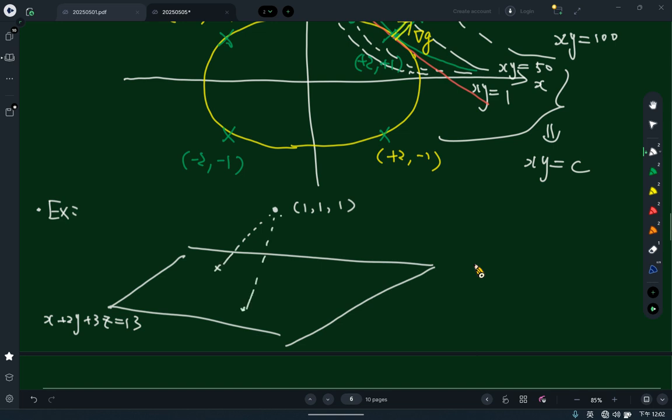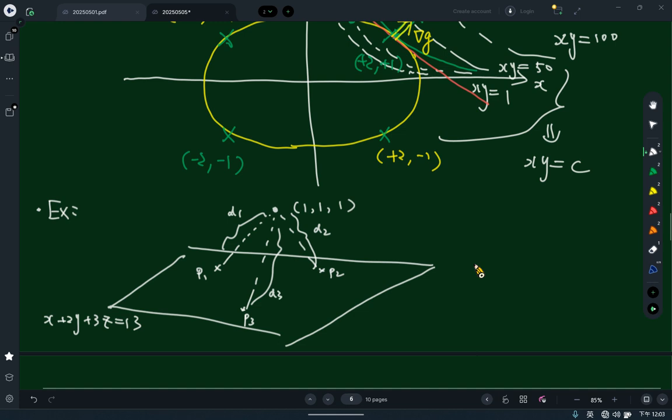For example, here, you can see if (1, 1, 1) to this point in the plane, the distance is just like this one, right? If this is P1, this is D1. If this is P2, this is D2. Then this is P3, this is D3.